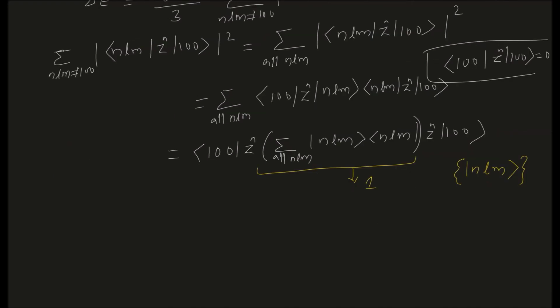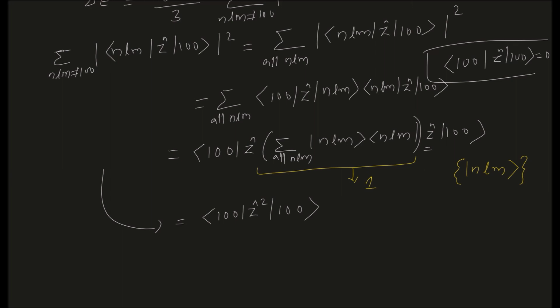That means you can write this expression as ⟨100|z, then we have one more z here, so you can write it as ⟨100|z squared|100⟩. Okay.